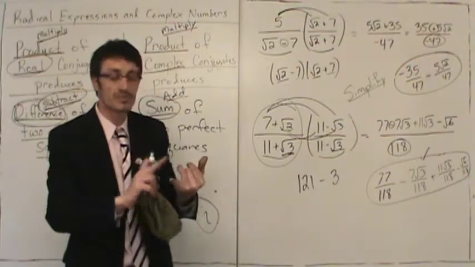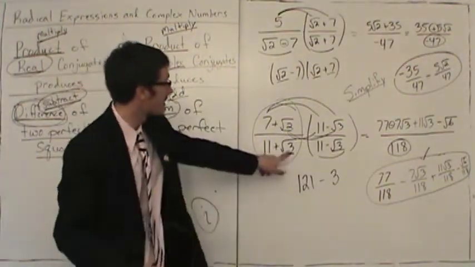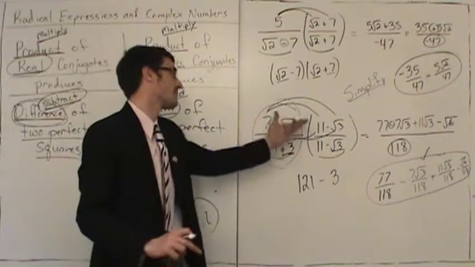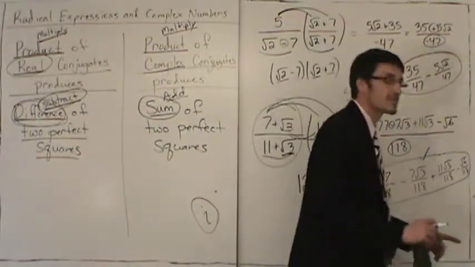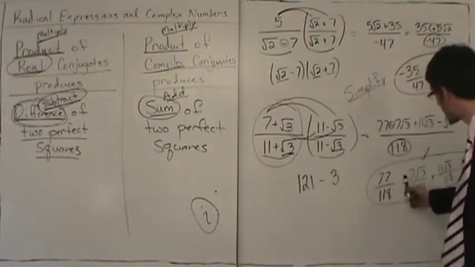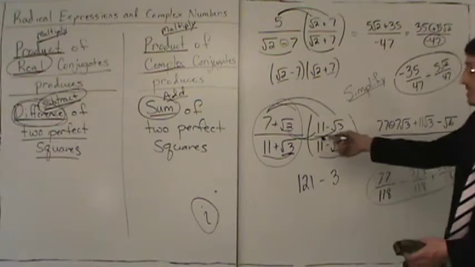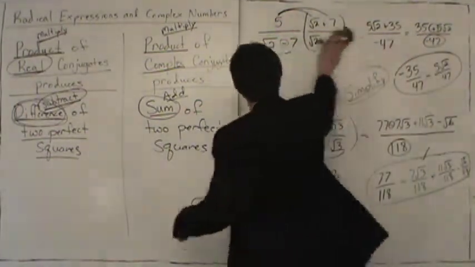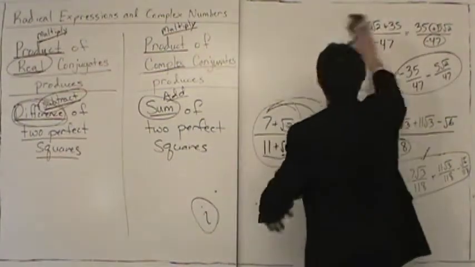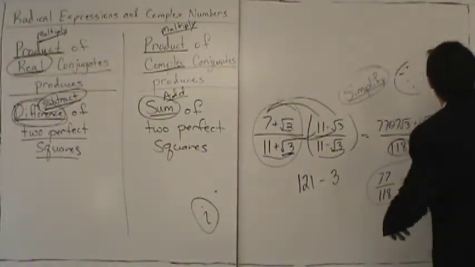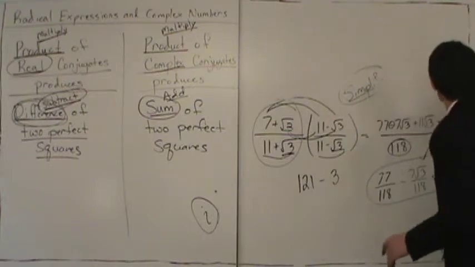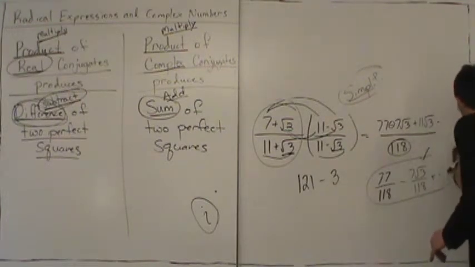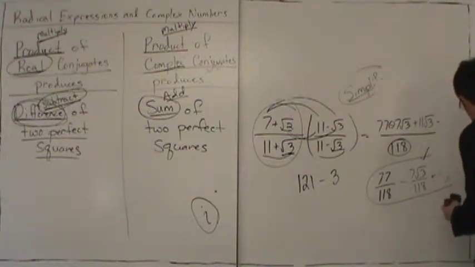Also, follow rules of no negative exponents in the final answer and no radicals in the final answer. So we have to follow these rules, and our final answer is, in my opinion, much uglier than what we started with. So again, simplify does not mean to make simple. Most of the time, what you get as an answer does look more simple than what you started with, but not always.